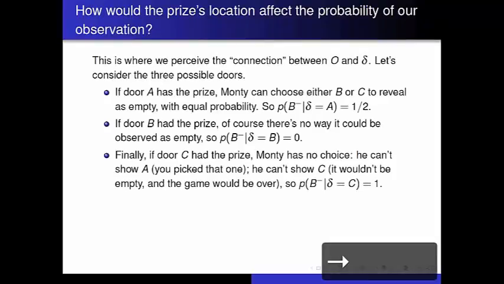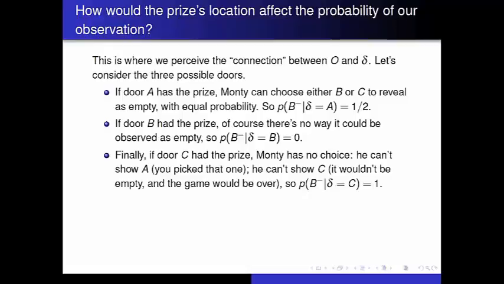Okay, so the core to inference, the step that really matters most, is finding the connection between our hidden variable and our observable. In this particular case, that connection came from the insight that, if the prize is actually hidden behind door B, then B minus is clearly impossible, 0 probability.